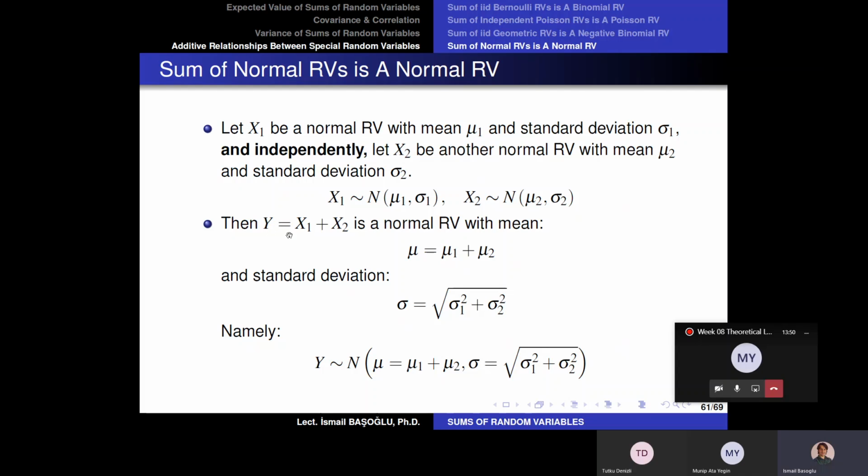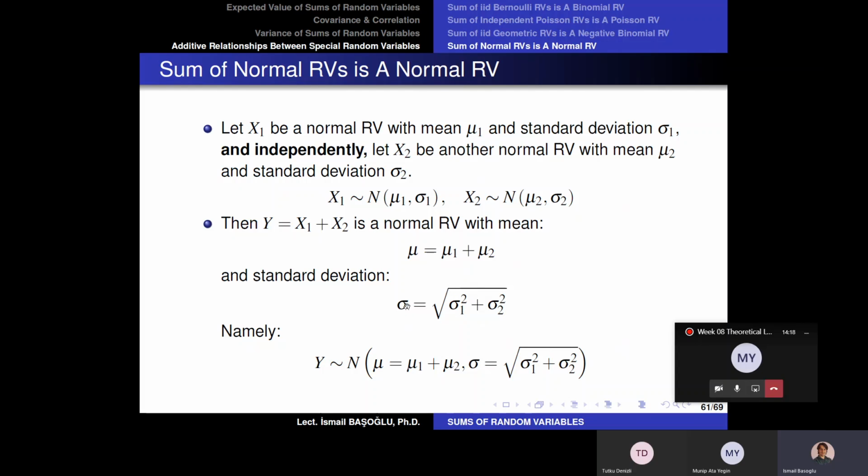If we define y as the sum of x1 and x2, then y is also going to be a normal random variable with location parameter or mean mu1 plus mu2, and its standard deviation is going to be equal to the square root of the sum of the variances. So the standard deviation of the sum of these two normal random variables will be the square root of the sum of the variances.